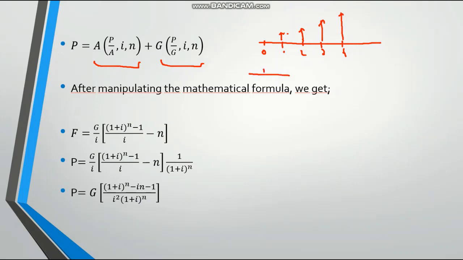It's going to be A, again A, with 0 here, then 1, 2, 3, 4. At the second year we have the G term, then 2G for the third year, and 3G at the fourth year.